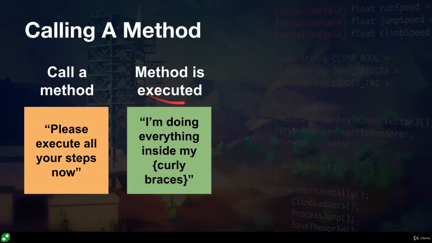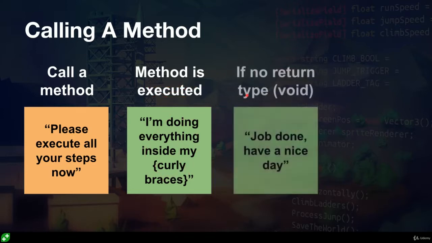The method, when it's executing, is saying, cool, I'm doing everything inside my curly braces, just like you asked me to. If there's a void return type, void means there's nothing here, then it's just going to say, job done, have a nice day. There's nothing else to see here, nothing else to do. I did my things, and that's it.